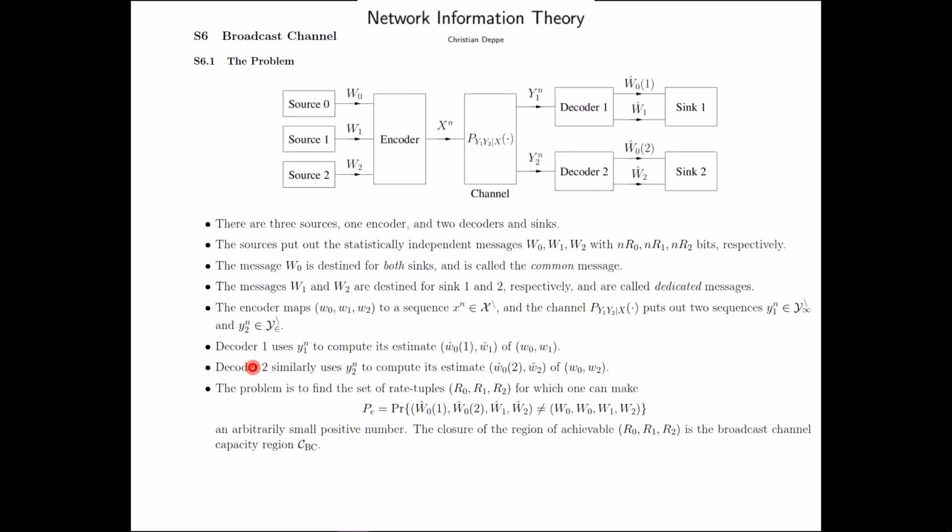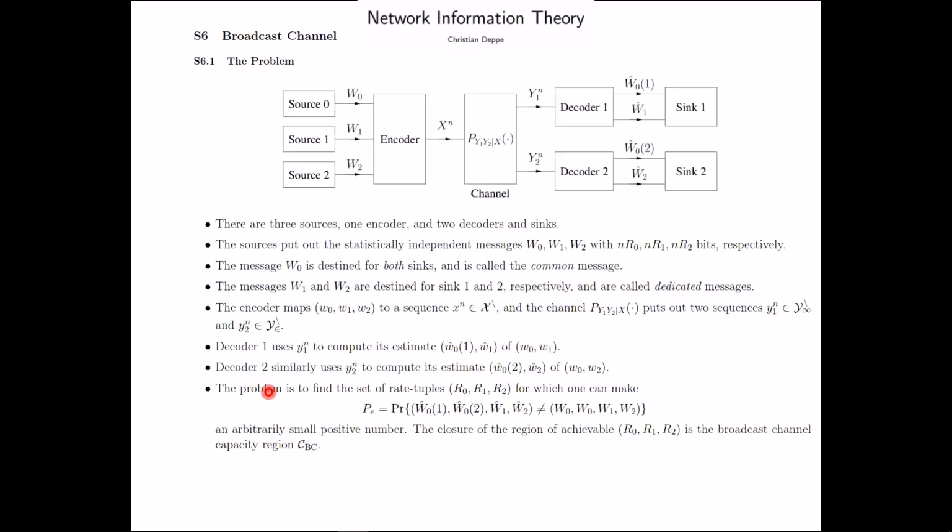And now, as I told you already, decoder 1 uses y1^n to compute its estimate for the common message and for its dedicated message. The same is done by decoder 2, who receives y2^n and gives an estimate of the common message and an estimate of its dedicated message.